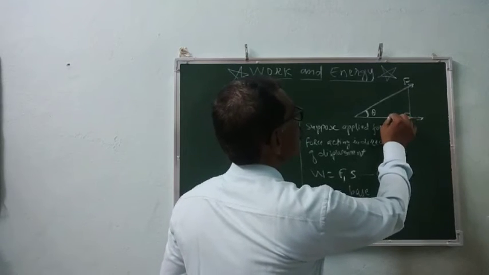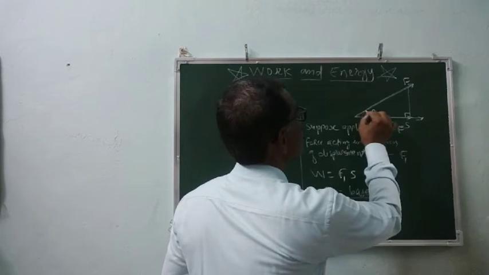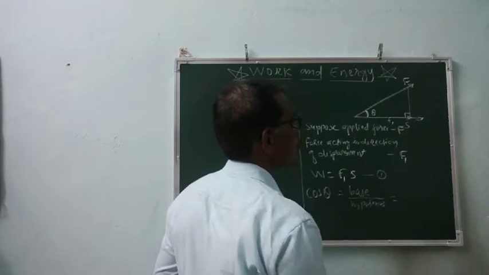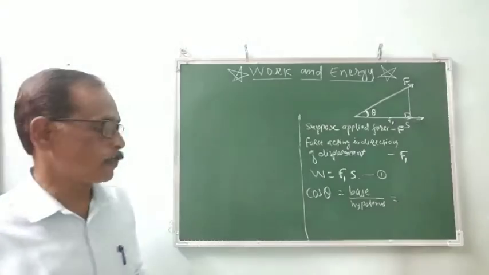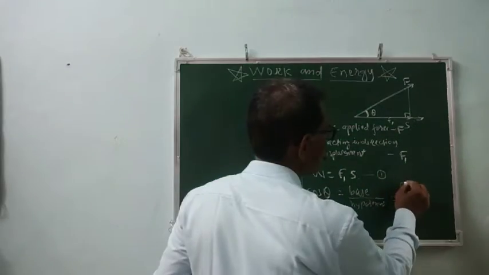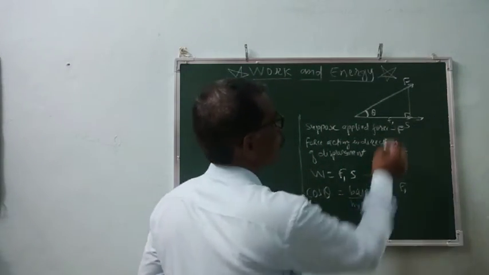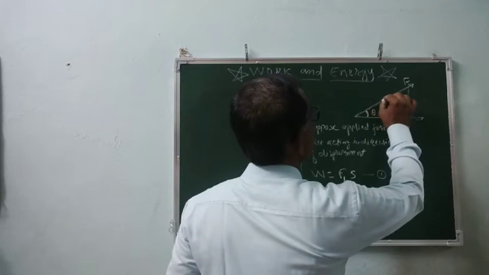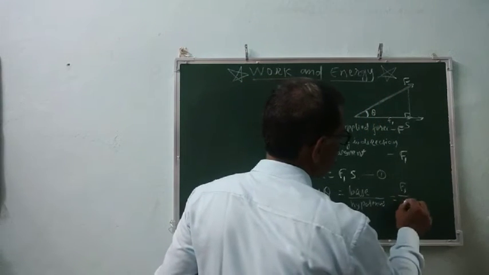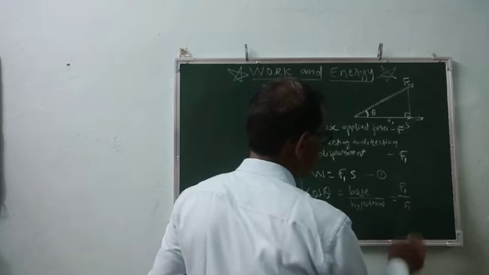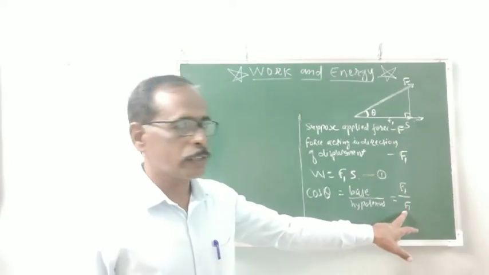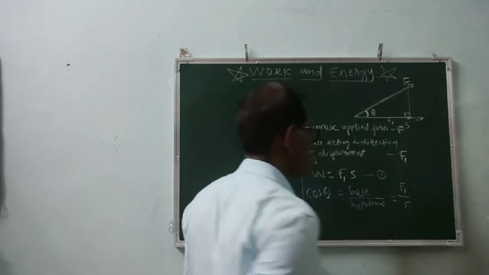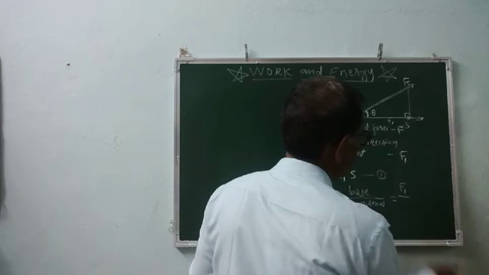Base of the triangle is F1. We take that base, the direction of the applied force in the direction of the displacement, that is F1. Hypotenuse is the direction of the applied force, that is F. We will get the equation cos theta equal to F1 divided by F.